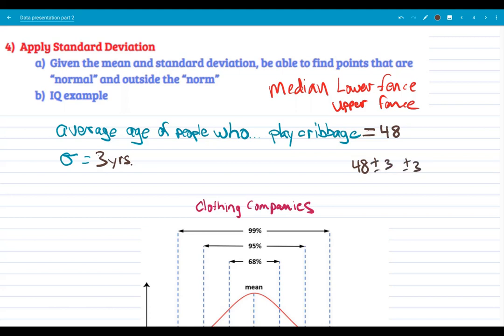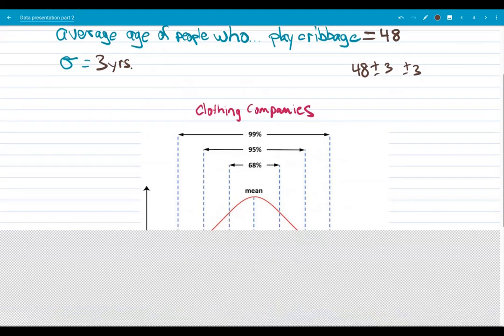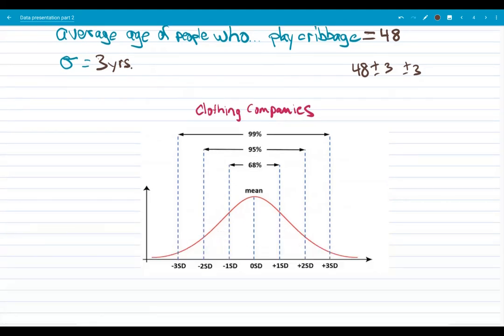Plus or minus 3 again is 2 standard deviations. What they normally say is 2 standard deviations is going to be normal. So I'm looking here on this graph that we're about to do for something else. If I take 48 plus 3 and plus 3, I get 51, 54 years old. Minus 3 and minus 3, that's minus 6. 42 to 54 years old.